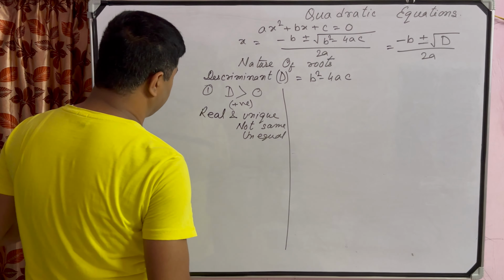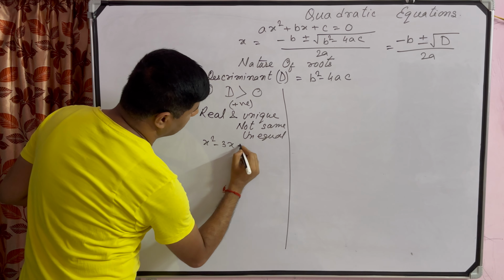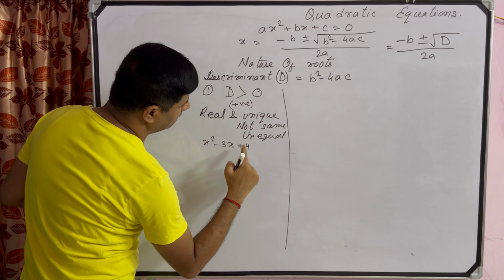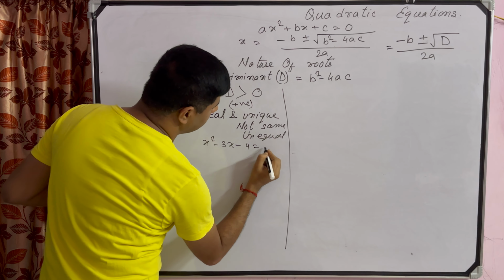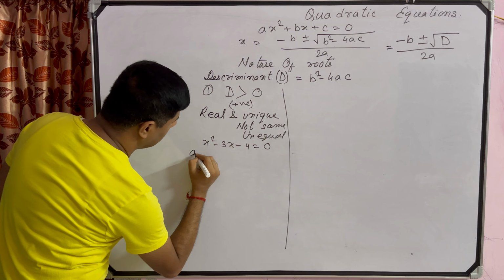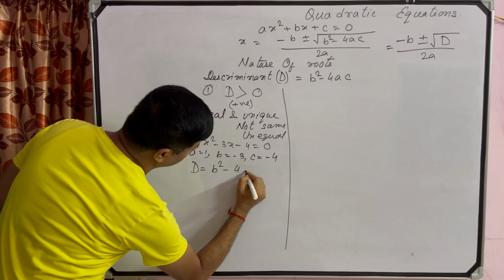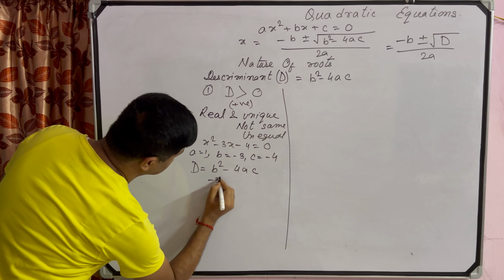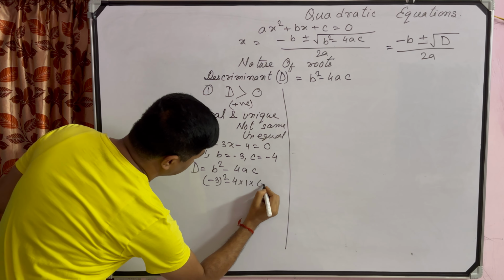You can take down some example. Like, say, x square minus 3x minus 4 equals to 0, correct? So here a equals to 1, b equals to minus 3 and c equals to minus 4. So the value of D will be b square minus 4ac. So it will be minus 3 whole square minus 4 into 1 into minus 4.